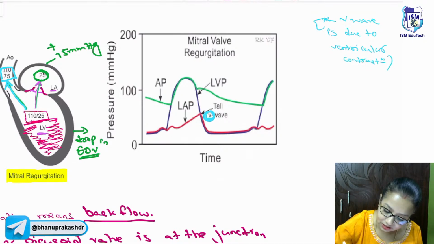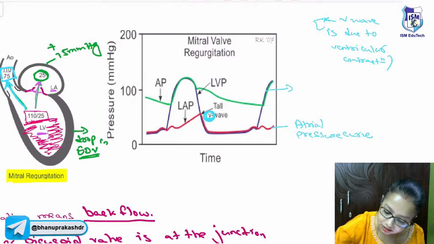Meaning what? See, this red diagram, this one, is the pressure change in the atria, right? This is the atrial pressure curve. This is the aorta pressure curve.